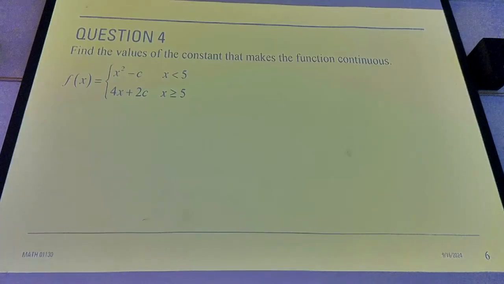What does it mean for the limit to exist at a point? What has to be true? The left hand and right hand. Your two one-sided limits at that point have to equal. That's what you said, equal to each other.